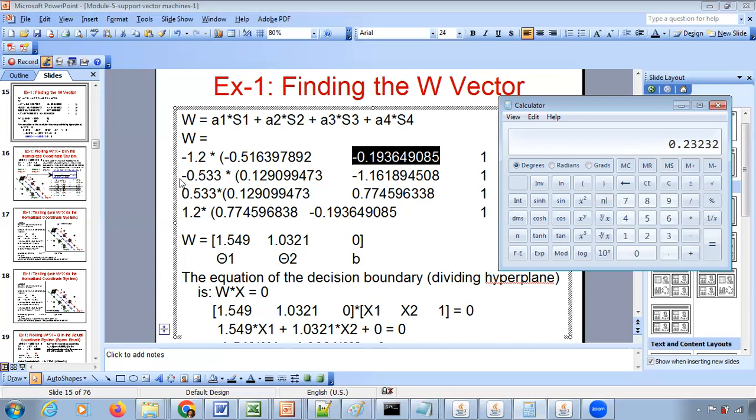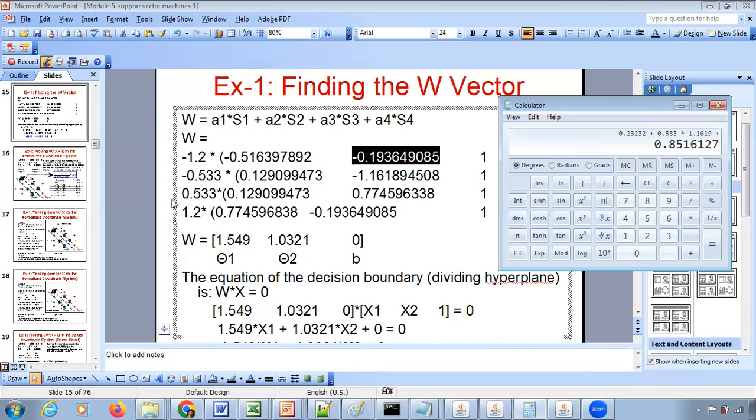Then negative times negative, so it's going to be positive, plus 0.533 times 0.1919. Here I'm just using 4 decimal places for each term.